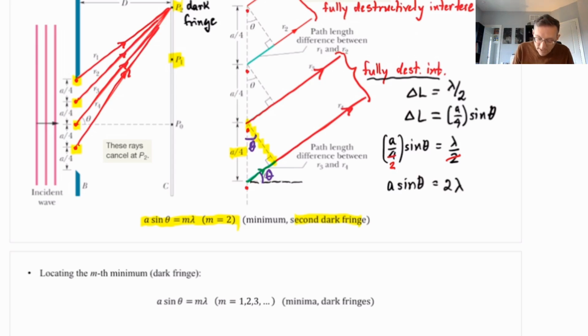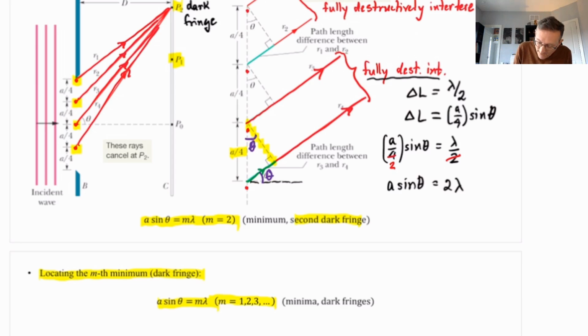And so what you can really do then is just generalize to locating the mth dark fringe. A sine theta must equal m lambda, where m can be 1, 2, 3, and so on. All right, so the first dark fringe on either side of the central maximum is m equals 1. The second dark fringe, the next pair farther out, is m equals 2. The third dark fringe is m equals 3, and so forth.